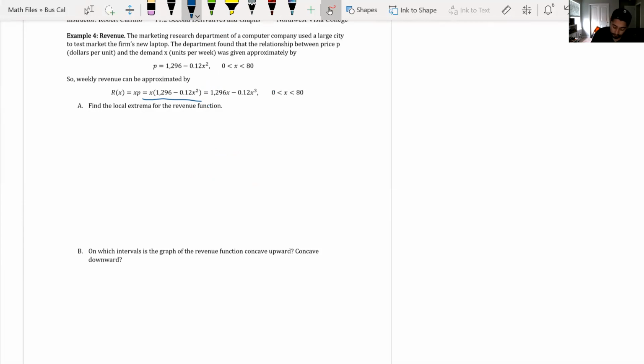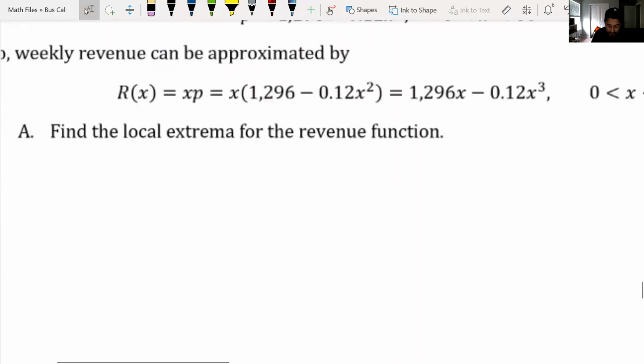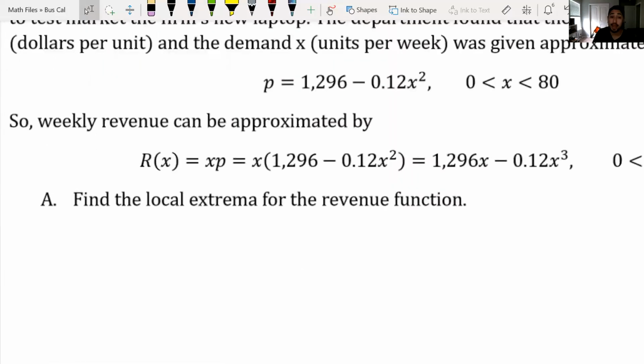Okay, so all this wants is for us to find the local extrema for the revenue function. Remember, extrema is just a fancy word for maximums or minimums, right?